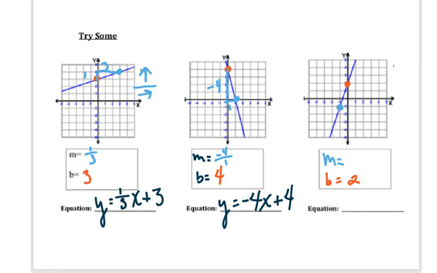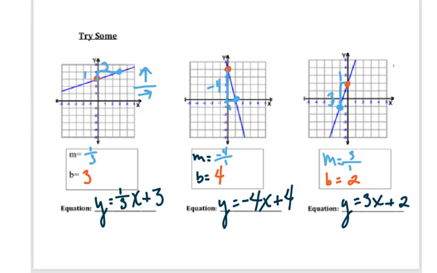So to get from one point to the next, it is going up and over. So went up 1, 2, 3, and to the right 1. So my m is up 3 and over 1. Now that I have an m and a b, I can write this in slope-intercept form. 3 divided by 1 is the number 3 with an x plus 2.